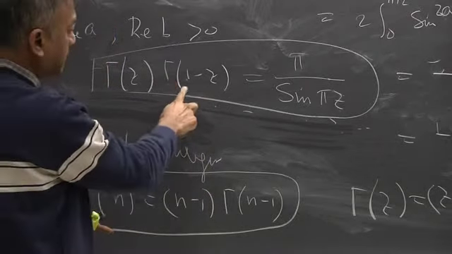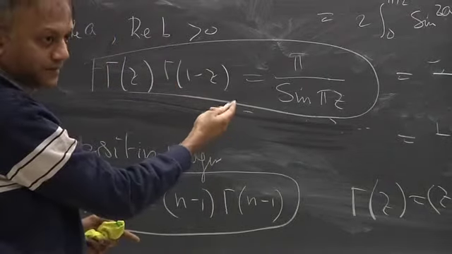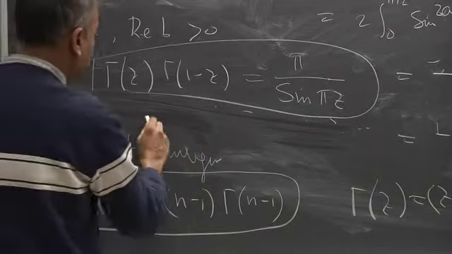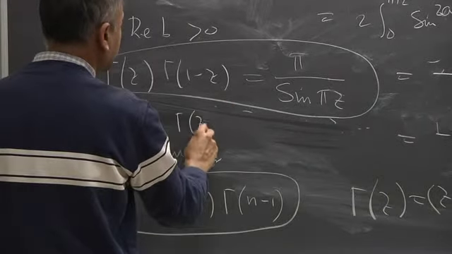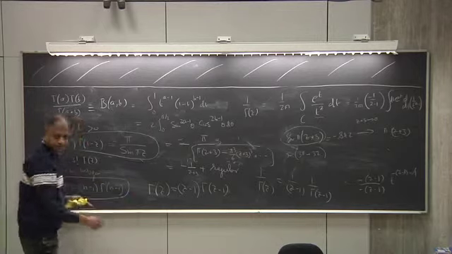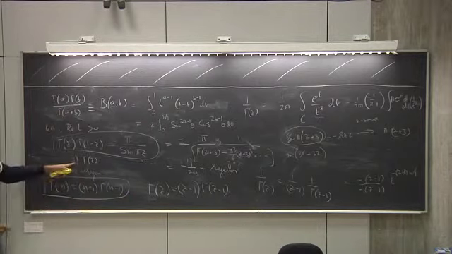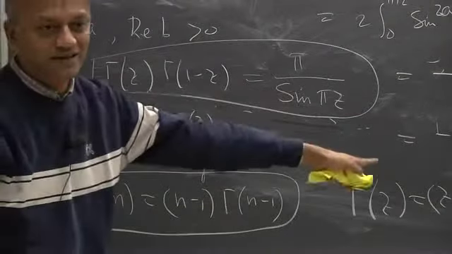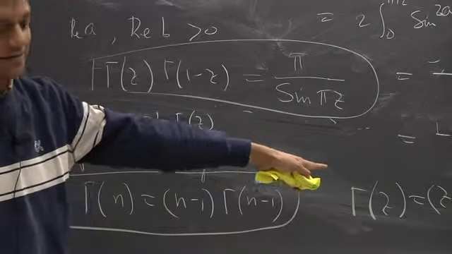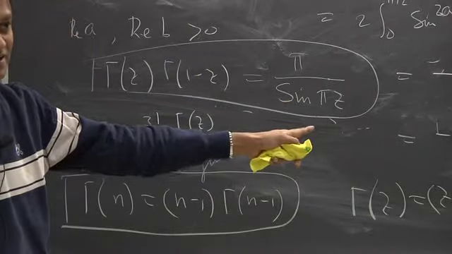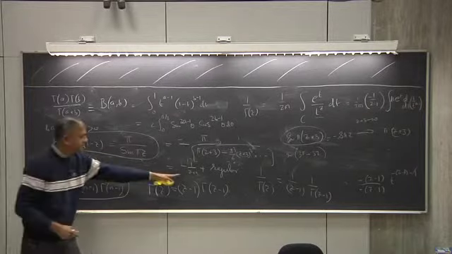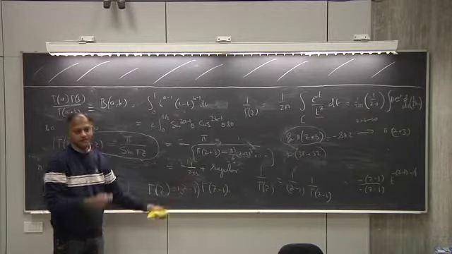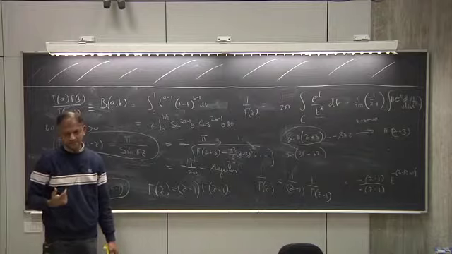Gamma of 4 is factorial 3. So what we are seeing is that factorial 3 times gamma of z behaves like that. So the residue is simply minus 1 over factorial 3. Divide by factorial 3 on both sides, so you get the residue at z equal to minus 3 is minus 1 divided by factorial 3.